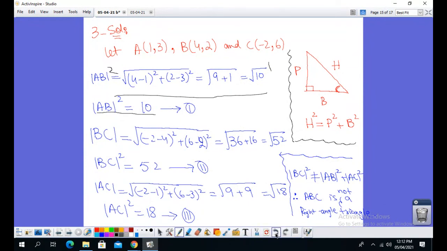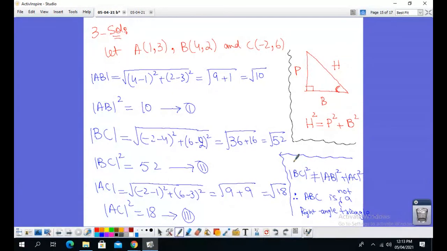On a similar pattern, we take the next side, which is BC. We take the distance between the points B and C. When we take the distance between B and C, we get square root 52. After squaring on both sides, we get BC square is equal to 52.